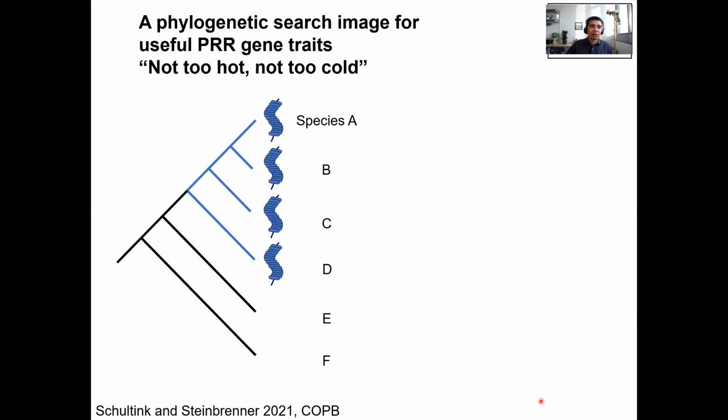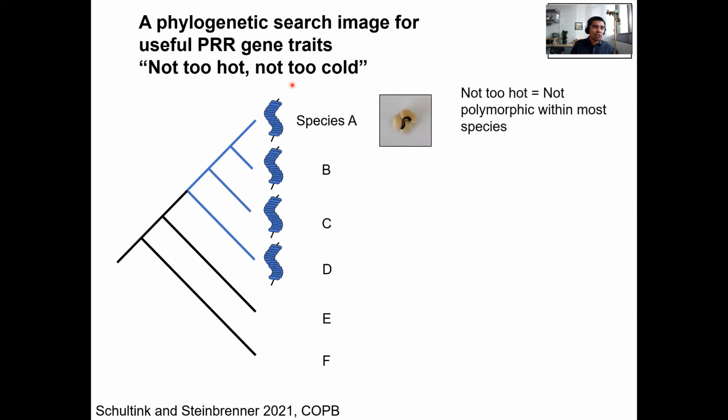And we think this is the case for one receptor, but remember that there are dozens to hundreds of these per genome. And so we think this will inspire a phylogenetic search image for useful PRR gene traits. And I'm calling this not too hot, not too cold, where for a given species complex, we're looking for receptor genes among their repertoire of dozens to hundreds, genes that are not too polymorphic within most species, so they're very stable within species that do encode them, but they're also not too cold.